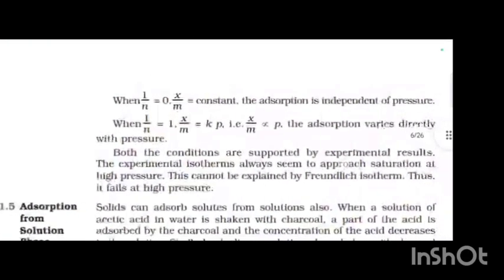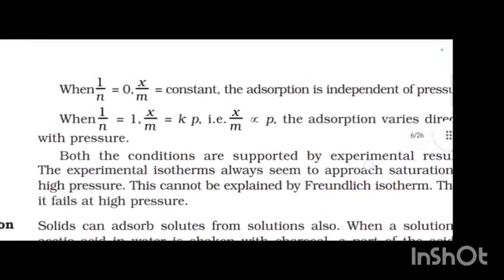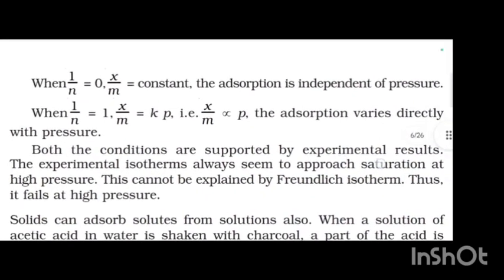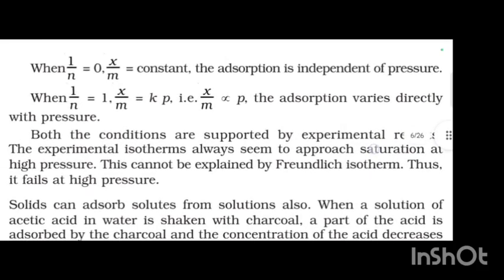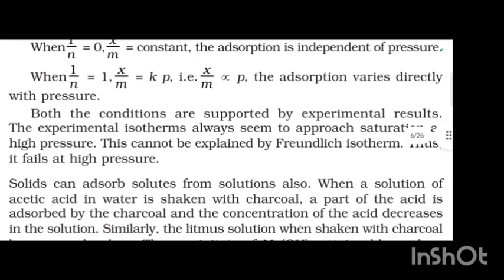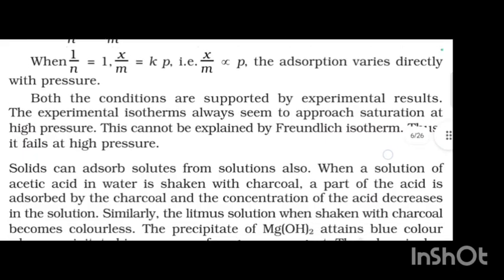When 1/n is equal to 0, x/m is equal to a constant, the adsorption is independent of pressure. When 1/n is equal to 1, x/m = kp, that is x/m is directly proportional to p, the adsorption varies directly with pressure. Both the conditions are supported by experimental results.